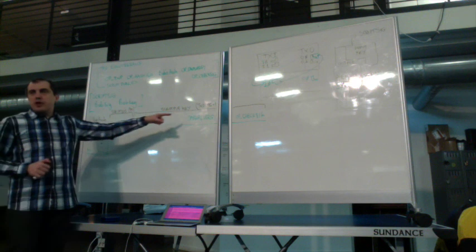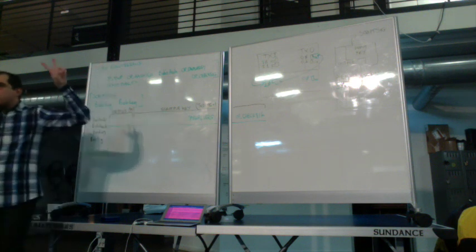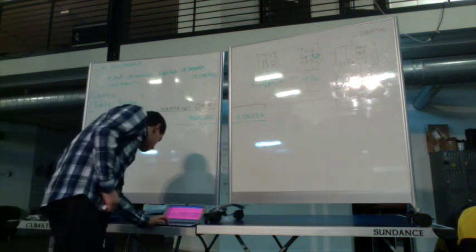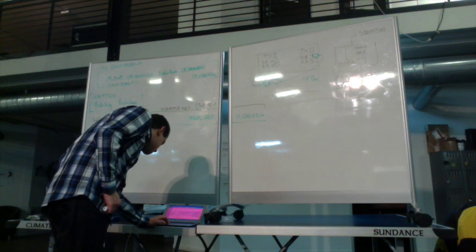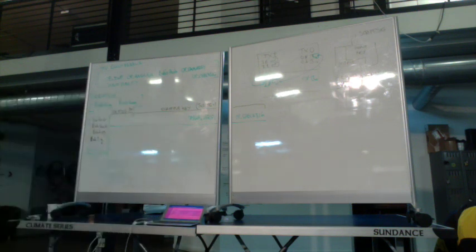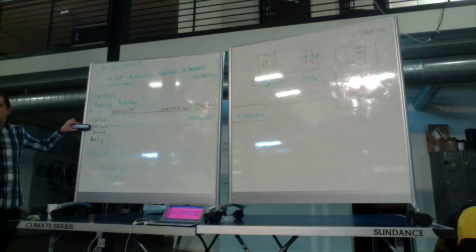OP_EQUALVERIFY takes 2 parameters and produces true if those 2 parameters are equal. So what it will do is it will actually not put anything on the stack. If they're not equal, execution of the script would end here, and the transaction would be considered failed. If they are equal, these 2 values get popped. They get compared. If they're equal, nothing goes on the stack.